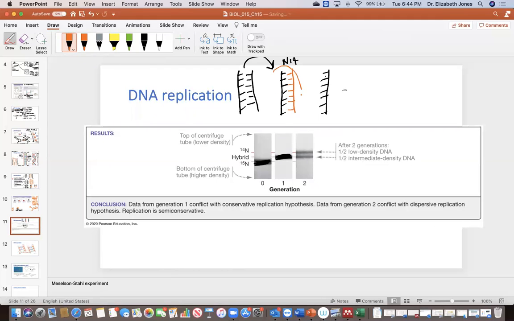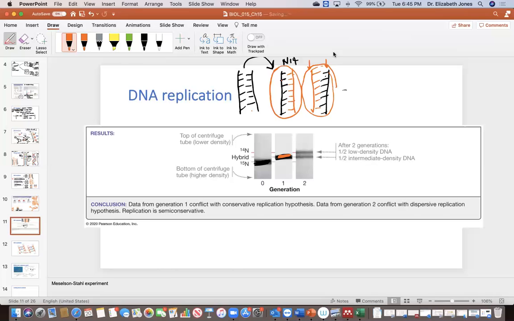And so together, this molecule, because it's got some light nitrogen and some heavy nitrogen, it's a little bit lighter than this molecule. Same with this one. Okay, this is our light nitrogen. This is our heavy nitrogen. But together, these two strands are a little bit lighter than these two strands. And that's what accounts for this line being higher up than this one.